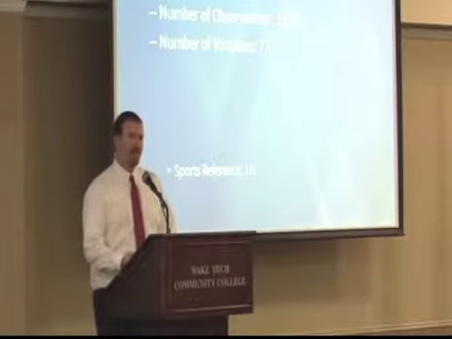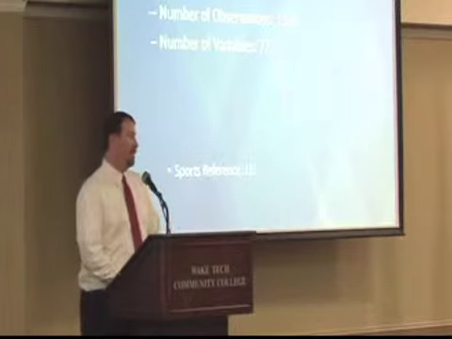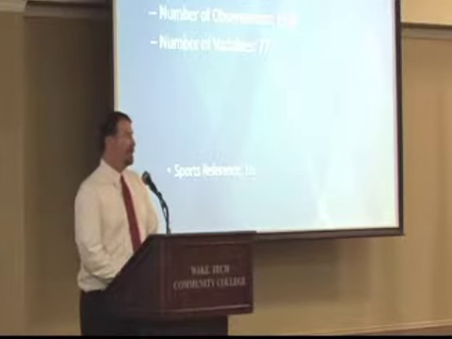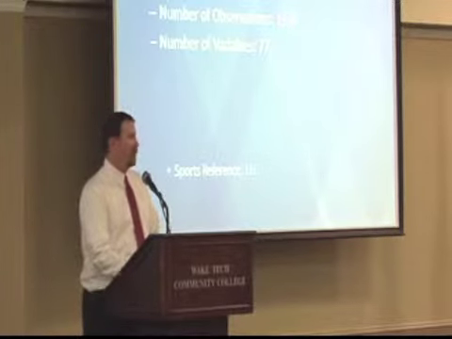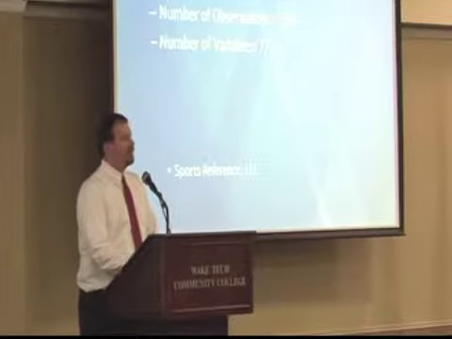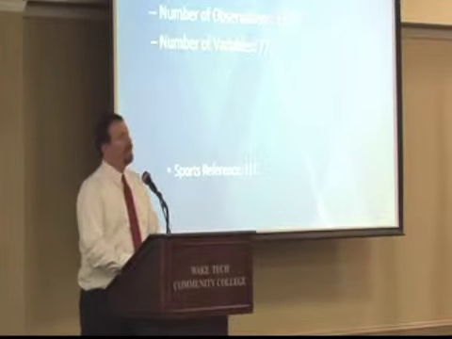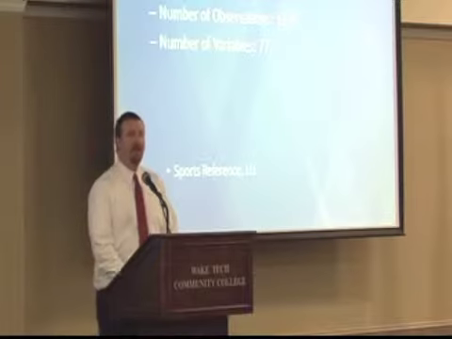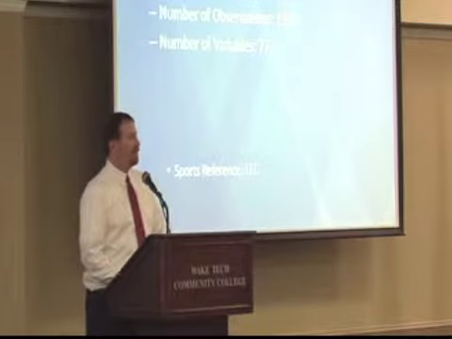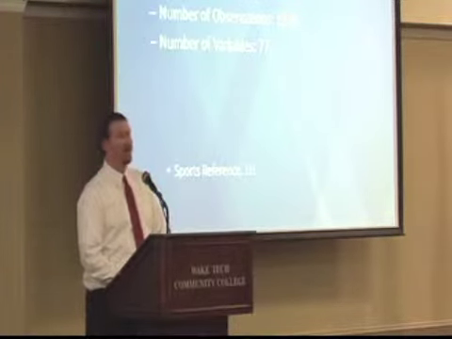So on Sports Reference, I gathered the offensive, the defensive, and the kicking statistics for each FBS Division I team, from the year 2000 to 2014, which resulted in an observation set of 1,930 with 77 variables.